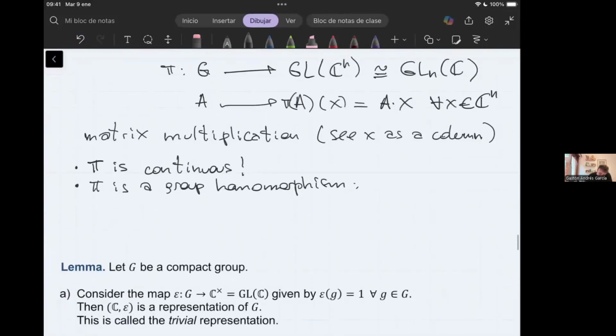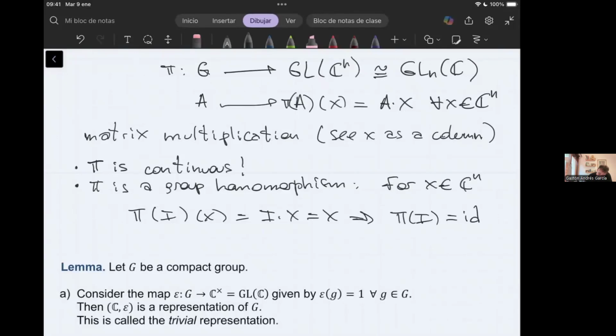The first thing is that pi of the identity matrix applied to any element is just the identity matrix times x, which is x. So this means we are working for any x in C^n. It means that the image of the identity is exactly the identity map.